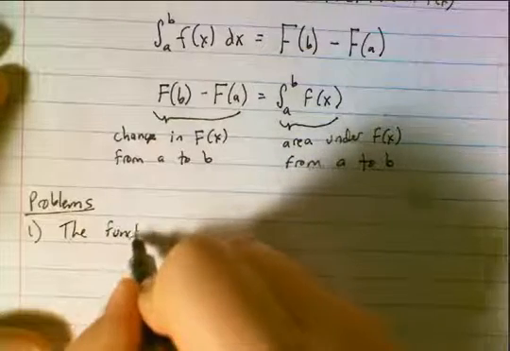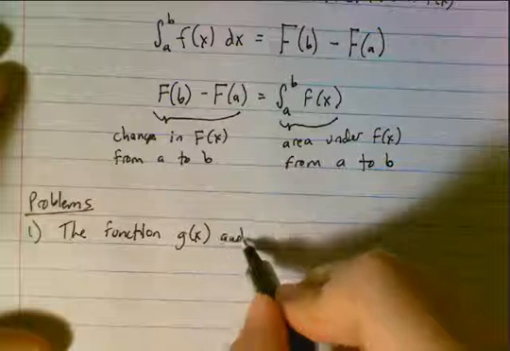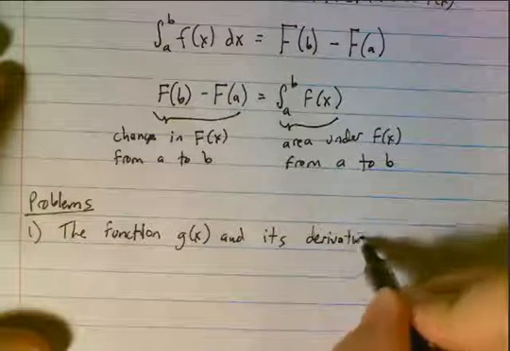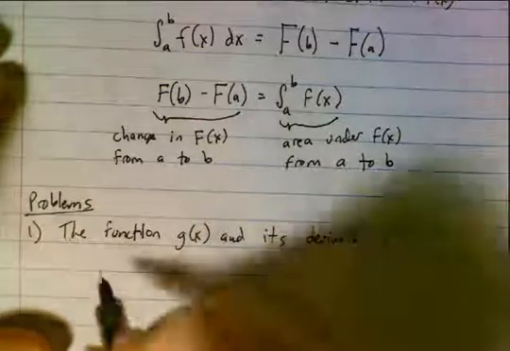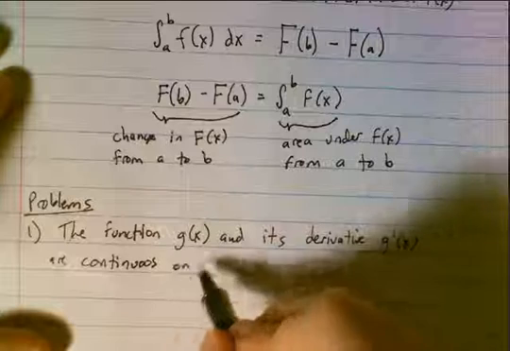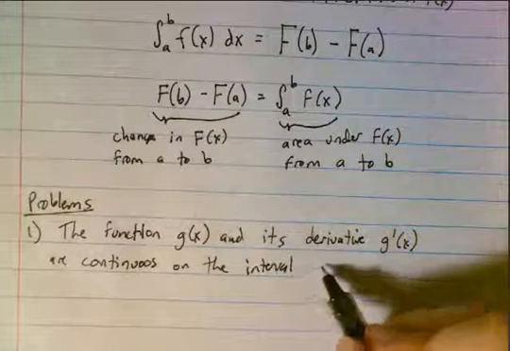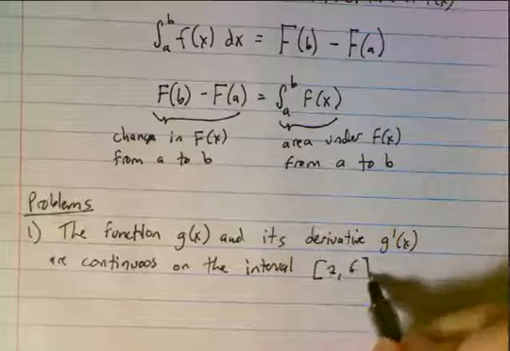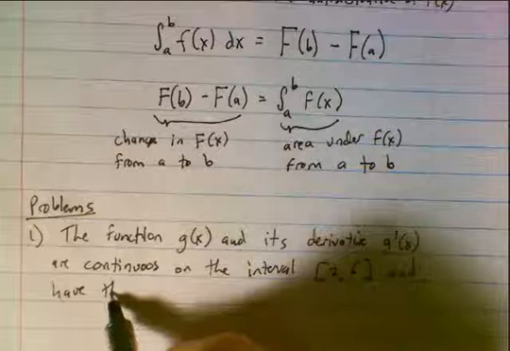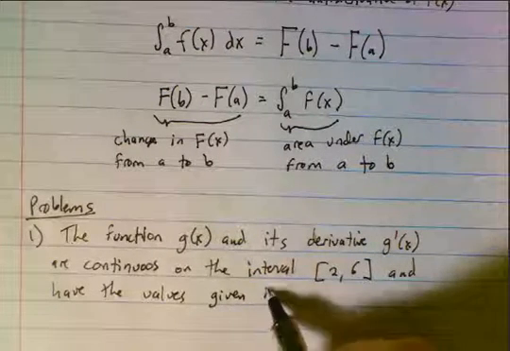So the function g of x and its derivative g prime of x are continuous on the interval from 2 to 6 and have the values given in the table below.